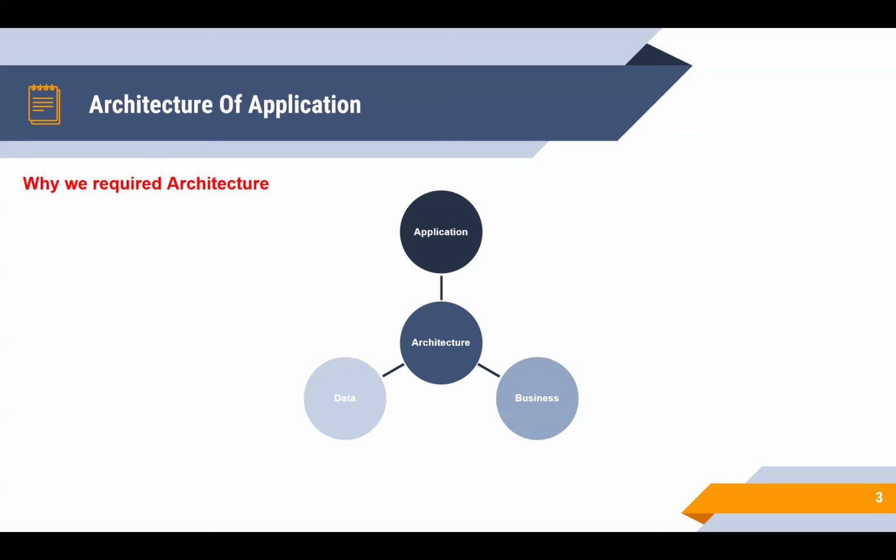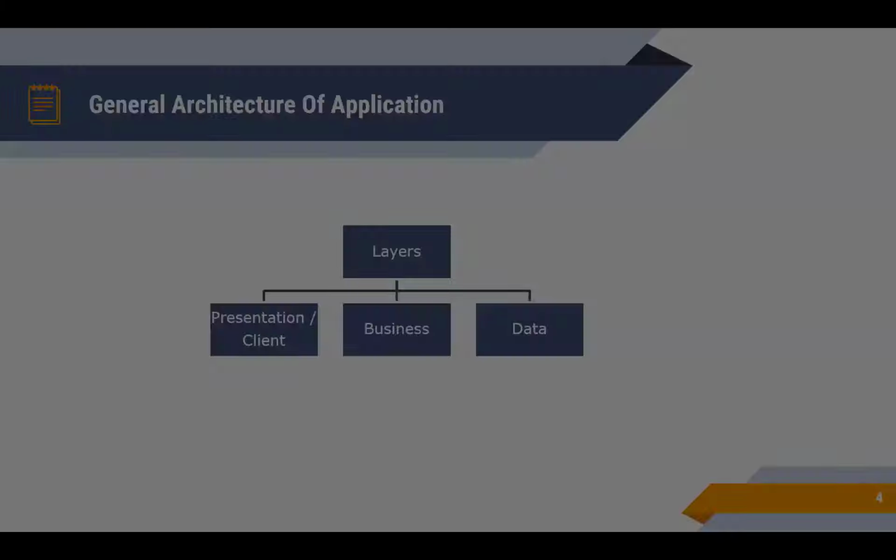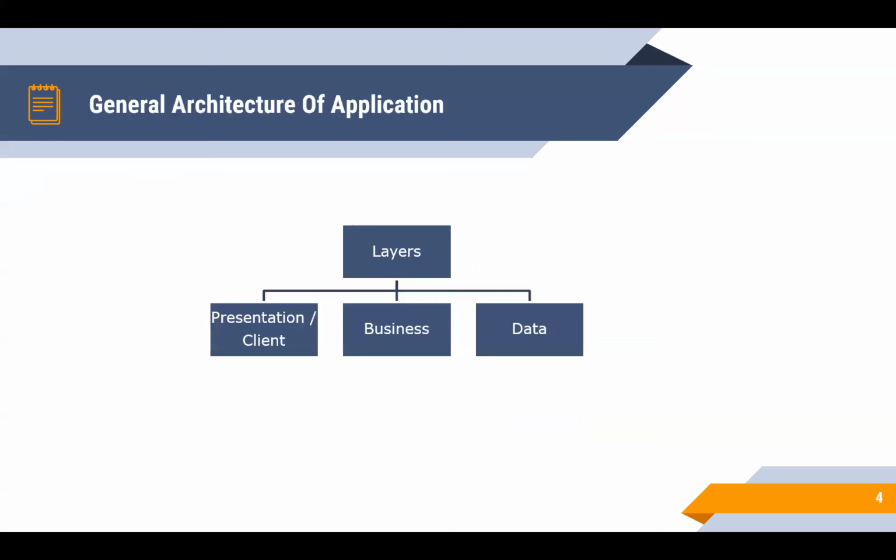In architecture, as I told you, there are three important layers: one is the presentation or client layer, second is the business layer, and third is the data layer. The presentation layer is basically what the application end user is able to see.